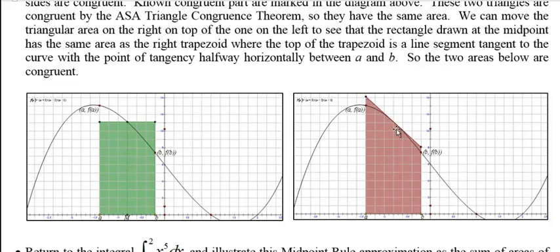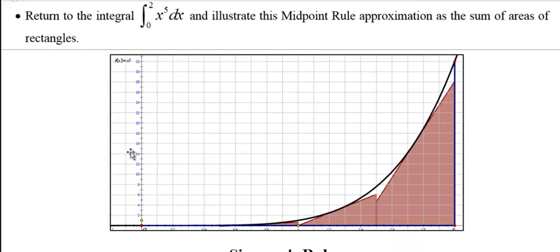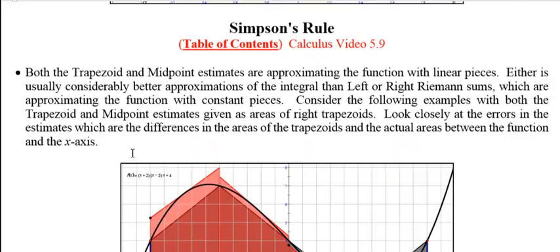This time the top of the trapezoid, instead of going from this point to this point on the curve through a secant line, takes the point in the middle horizontally and finds a tangent line there and approximates the top with that tangent line. So that forms the top of our trapezoid. So this green area and this area over here are the same areas.